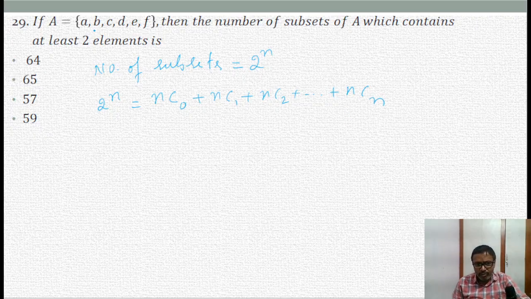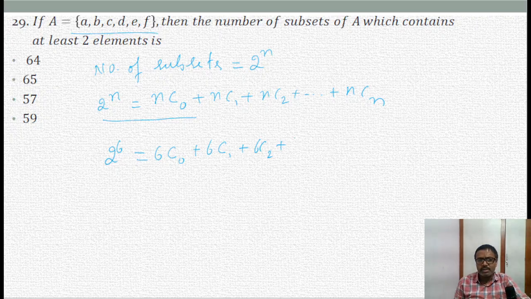Now for this given set, number of subsets is equal to 2 to the power 6, and 2 to the power 6 can be written, using this equation, as 6C0 plus 6C1 plus 6C2 plus 6C3 plus 6C4 plus 6C5 plus 6C6.